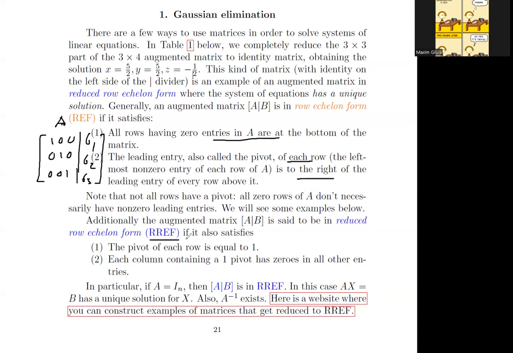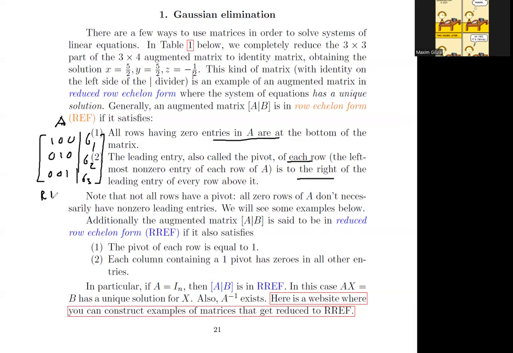It's also in reduced row echelon form because the pivots are equal to 1, and each column containing a 1 pivot has zeros in all other entries. So this one has a pivot 1, and there are zeros everywhere else. The second column also has zeros everywhere else. And the first column has a 1, zeros everywhere else.